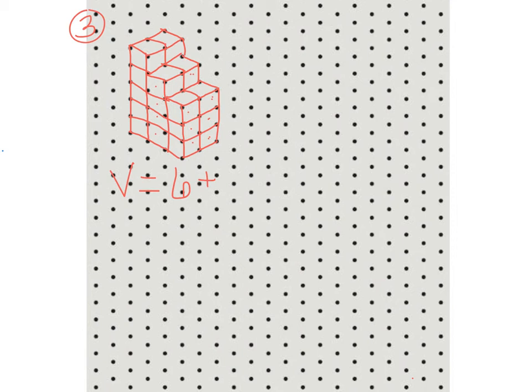So 4 plus 4 is 8 plus. So now let's do the back. So I have 1, 2, 3, 4, 5 in the first column, and I know the column to the right has the same number. So 5 plus 5, or 5 times 2, is 10. So 6 plus 8 is 14. 14 plus 10 is 24 cubic centimeters.